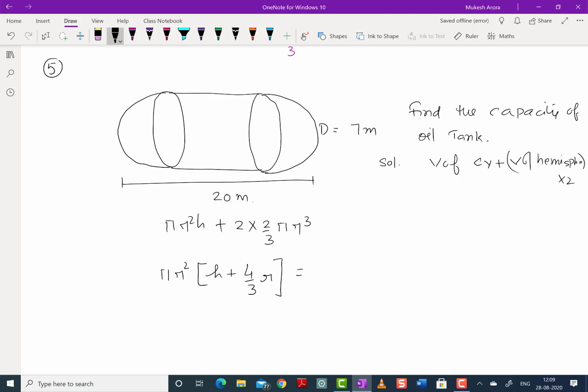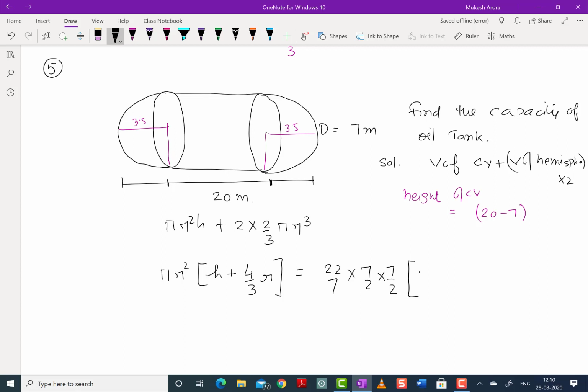Value of pi will be 22 by 7. Radius is 7 by 2 into 7 by 2 into h. The height of cylinder will be 20 minus 7, because it is 3.5 here and it is 3.5 here.